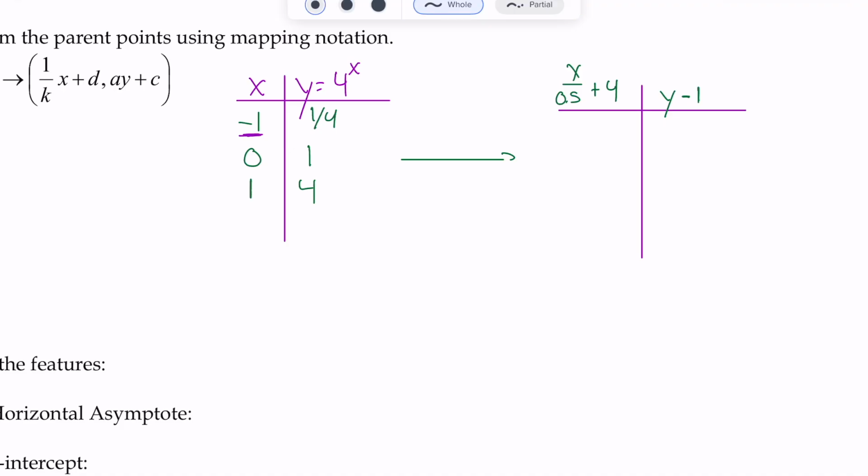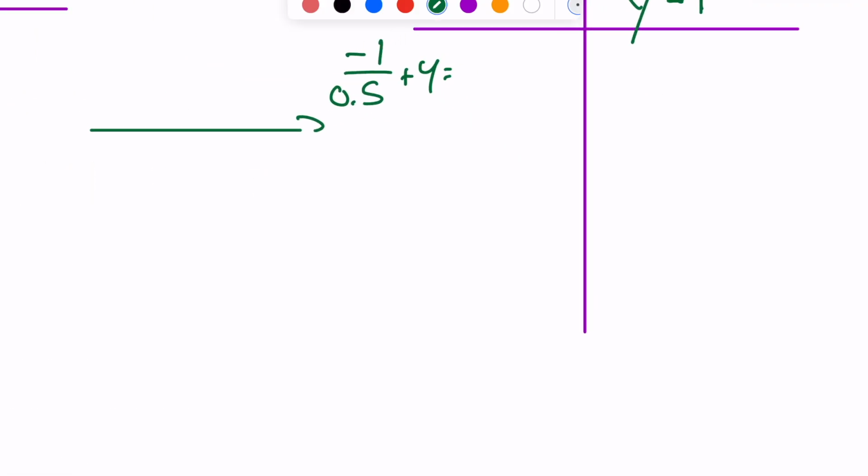So take this x of -1 and plug it in here and calculate what you get. That's -1 over 0.5, plus 4. How many times does 0.5, or half, go into -1? Well, twice, so that would be -2 plus 4.